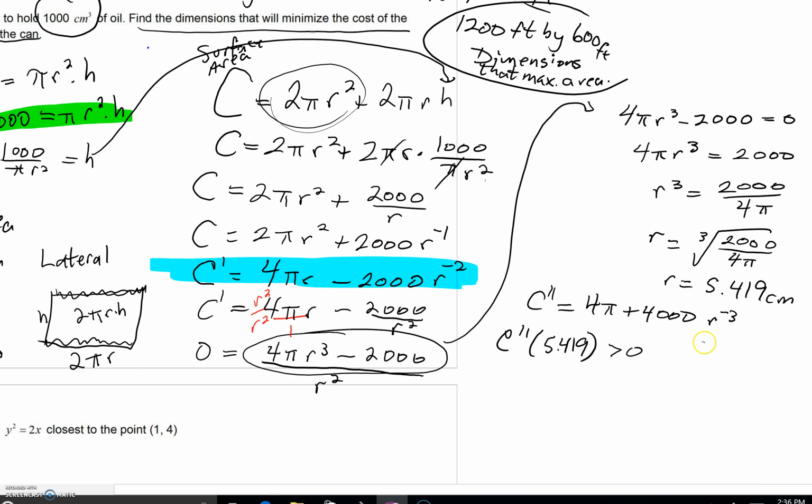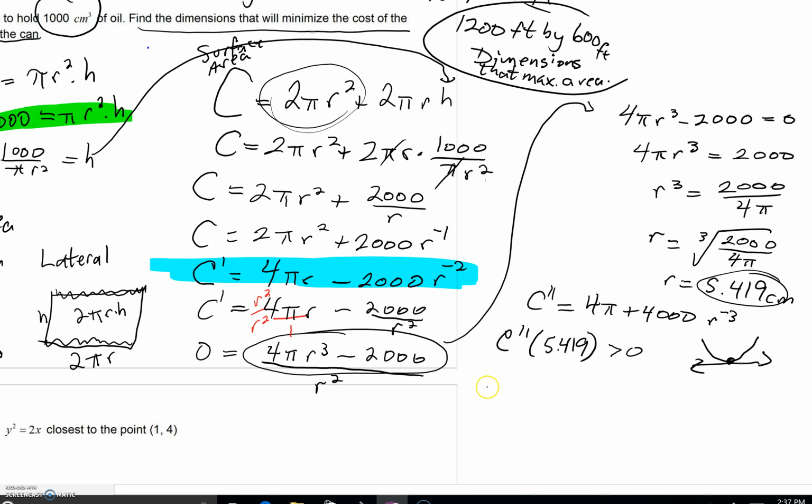We're concave up. But I also, at this value of r, have a horizontal tangent line, because that's where my derivative was 0. If you're concave up on the parent function of the cost function, you're concave up there and you have, look at this picture right here. What kind of an extrema do you have? It's a relative minimum.